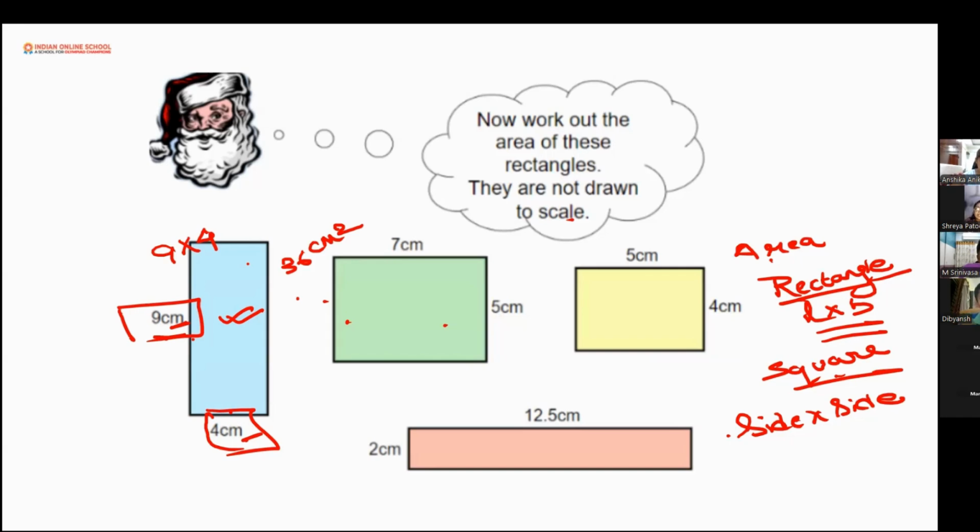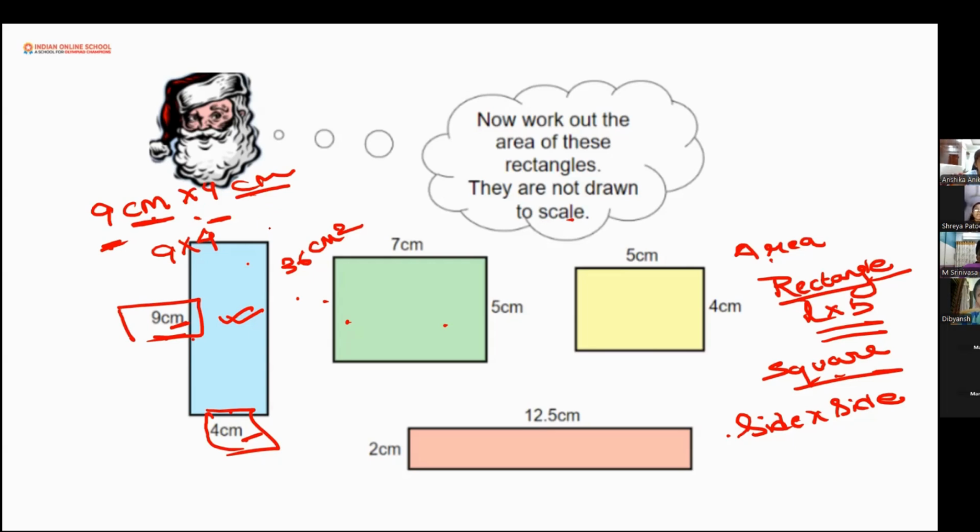Now, why is it centimeter square? See, when you multiply, you don't just multiply the numbers. What did I multiply? I multiplied 9 centimeter by 4 centimeter. So 9 into 4 is 36. That's good. But what about the centimeter? Centimeter is also here, na? Centimeter multiplied by centimeter. That is why area is always centimeter or meter square, because it becomes double.